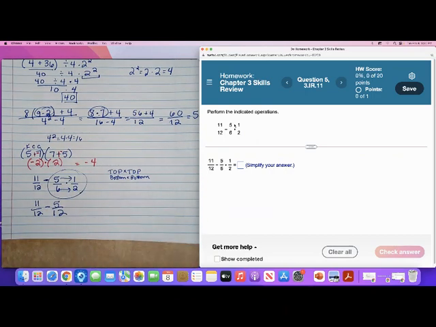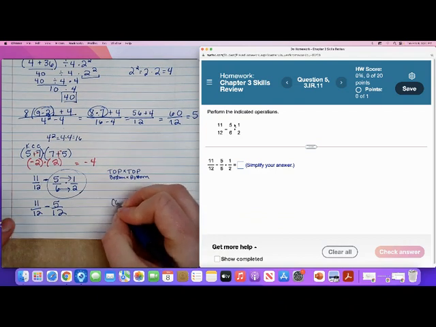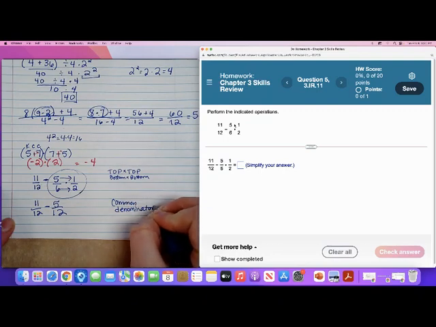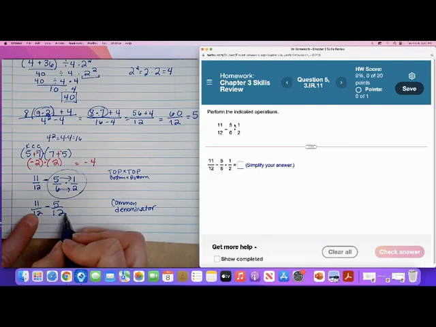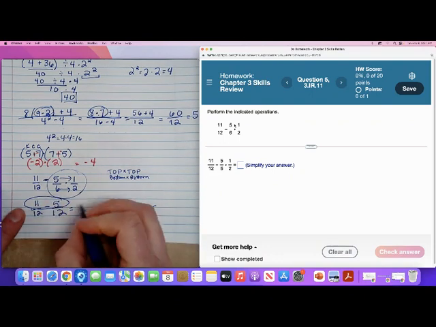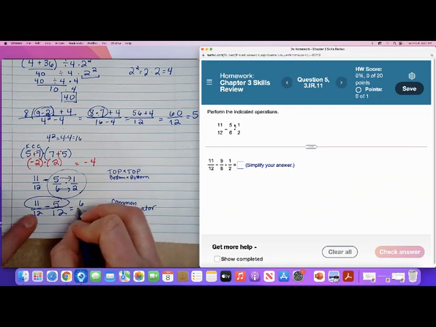And then what you need for addition or subtraction with fractions is a common denominator. And in this one we have one. So that's great, 12 being your common denominator. So you keep your common denominator and you only perform the operation on the numerators. Numerators are the top. So 11 minus 5 is 6. And you keep the same denominator.